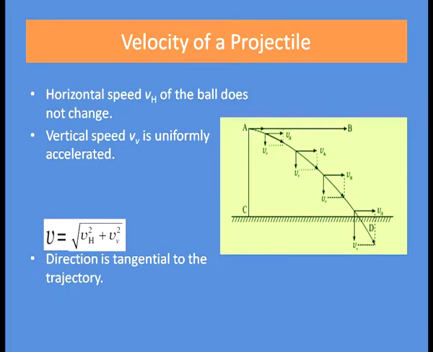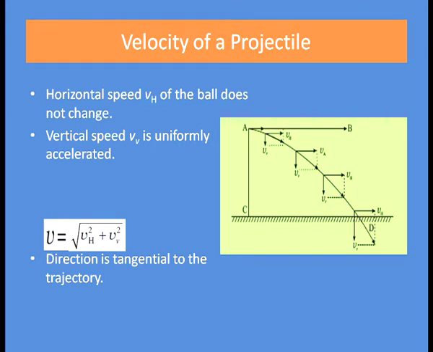What are the two velocities of a projectile? The horizontal speed and the vertical speed. The horizontal speed is denoted by Vh and it remains constant. It does not change because there is no component of force in the horizontal direction.